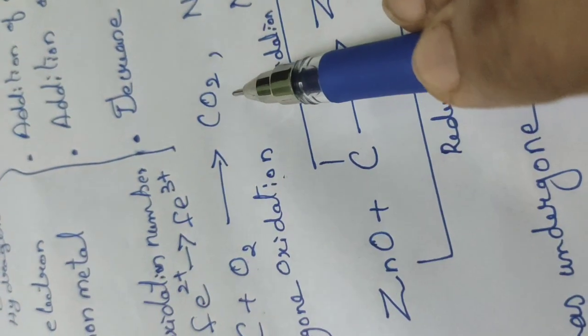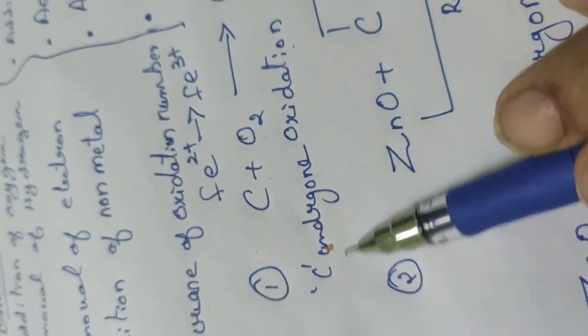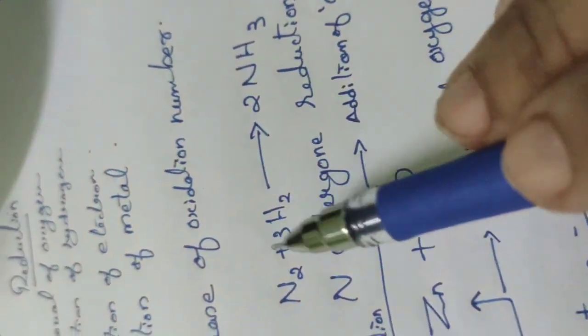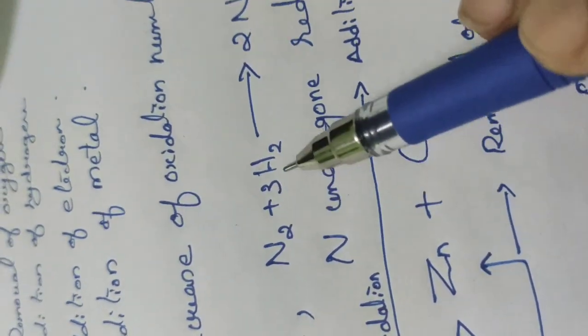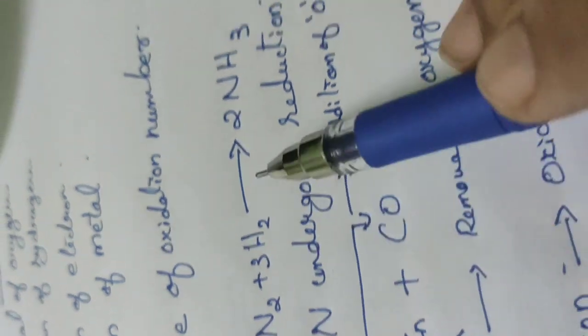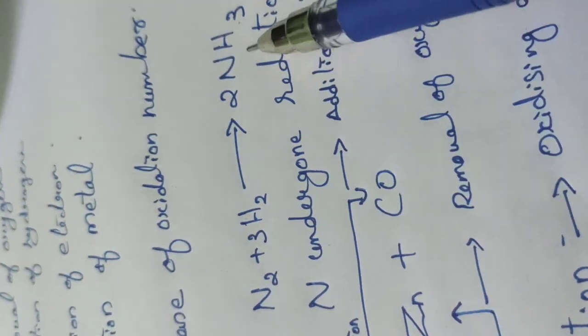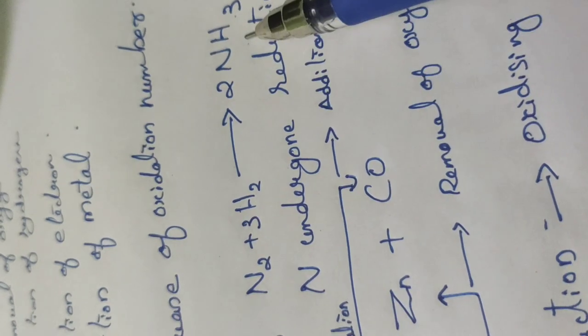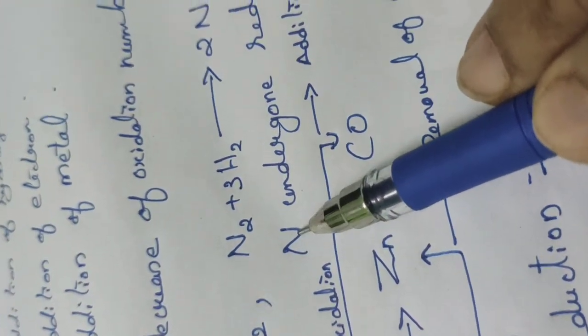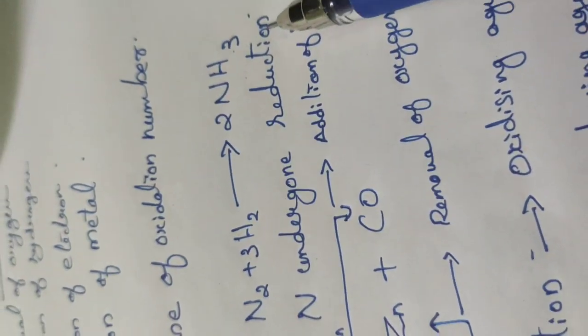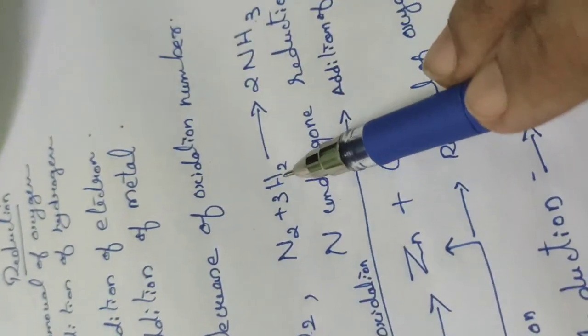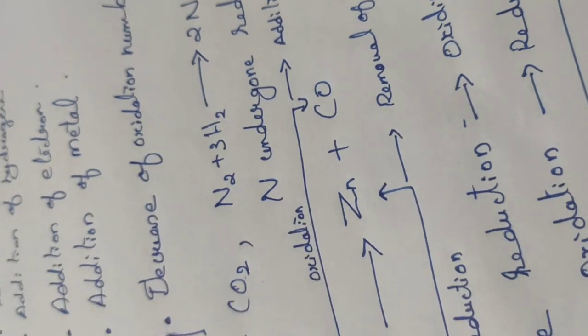See here, nitrogen plus hydrogen. Who joined with nitrogen? Hydrogen joined. So addition of hydrogen, what you call it is reduction, no? So what happened to nitrogen? It has undergone reduction. Addition of oxygen is oxidation, addition of hydrogen is reduction.